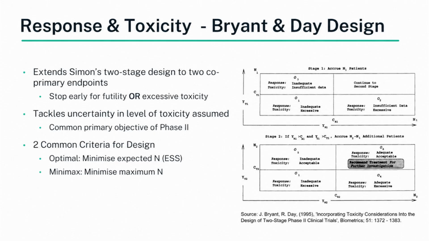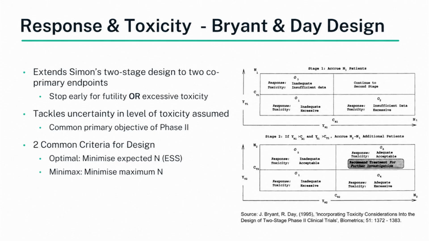And then if acceptable levels of toxicity and efficacy are encountered in the first stage, then the trial will proceed to the second stage, at the end of which the trial may find for futility, toxicity, or both, or else the levels of both may be found to be acceptable, and the trial recommended for further phase 3 study.